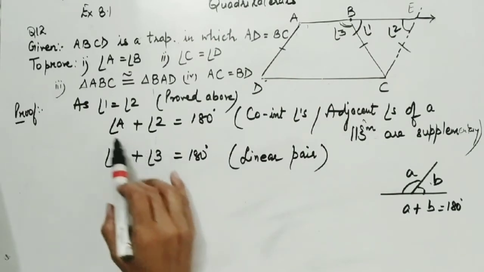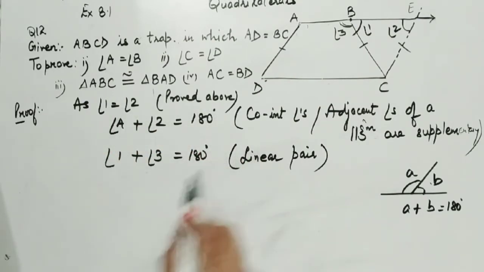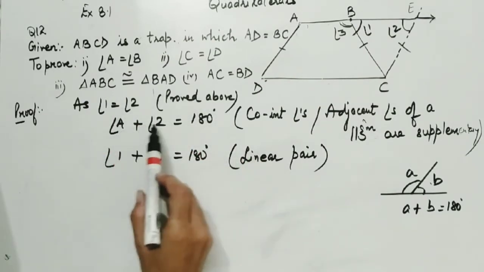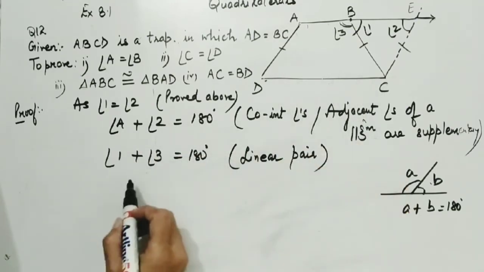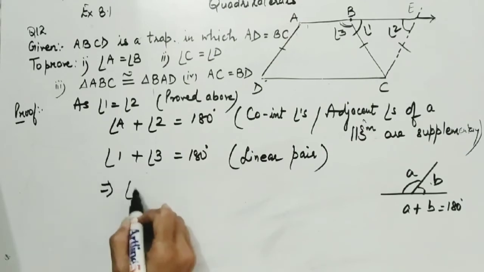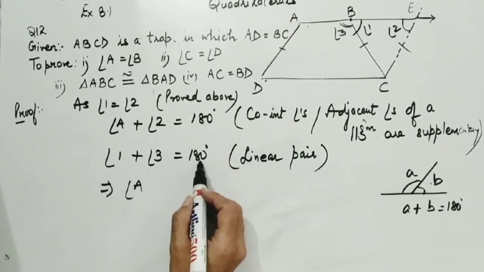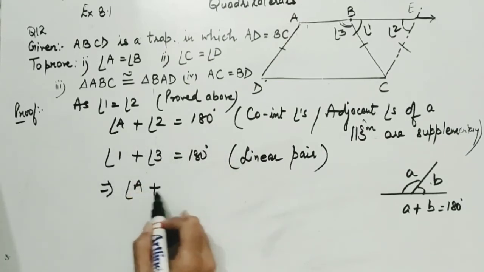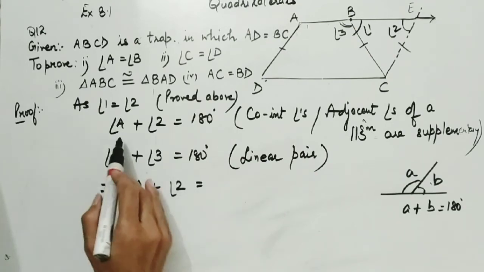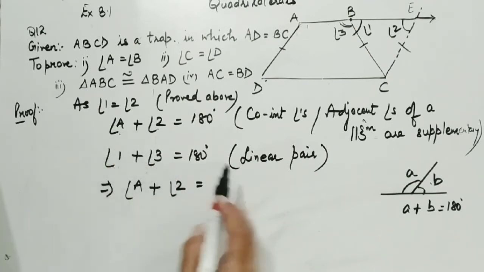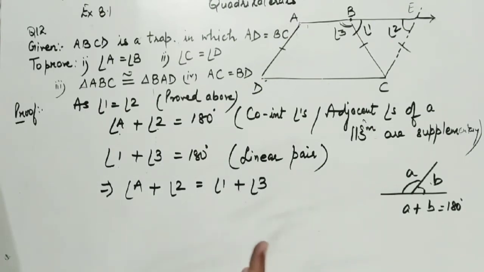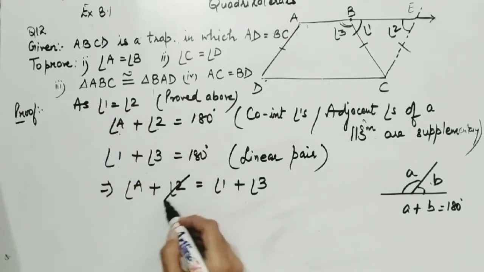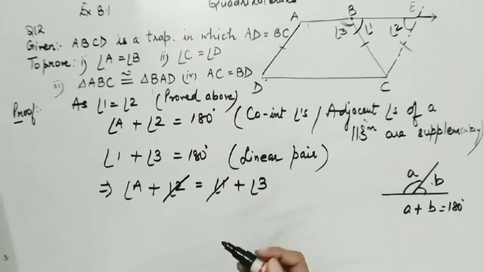Now, how would these two equations help us? Can I say if A plus 2 is 180, 1 plus 3 is 180, can I straight away equate them? That implies if their RHS is equal, LHS has to be equal. LHS is A plus 2 must be equal to 1 plus 3. 1 and 2 are equal, that is proved earlier.